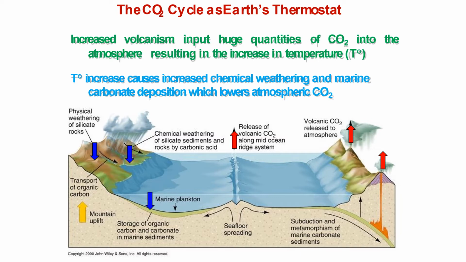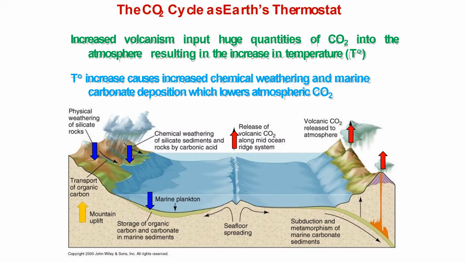So the physical weathering of silicate rocks you can see in the diagram, which is shown clearly. Then there is chemical weathering of silicate sediments and rocks by the carbonic acid. Then there is release of volcanic carbon dioxide along the mid-ocean ridge system.